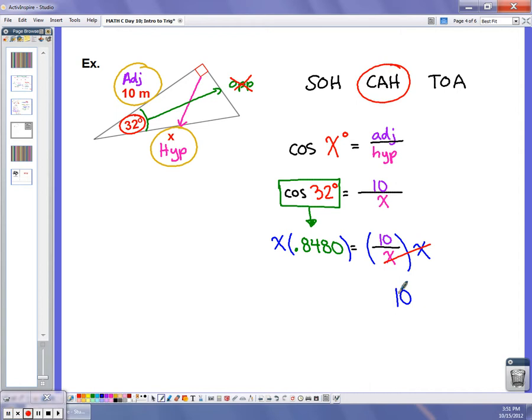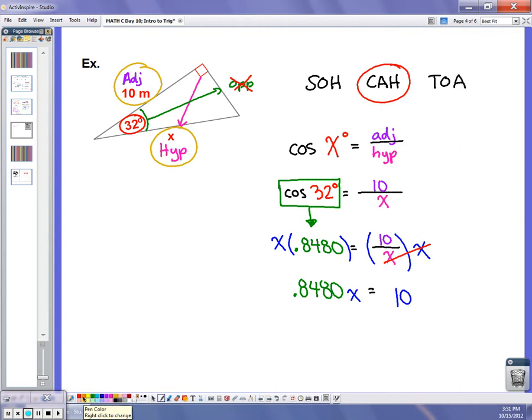However, on the other side, I cannot do x times 0.8480. So all I'm going to do is rearrange them so that I have my number first, 0.8480, and the x right next to it. So now I have 0.8480x is equal to 10. Again, I do want to get x by itself, so I need to somehow get rid of that 0.8480.